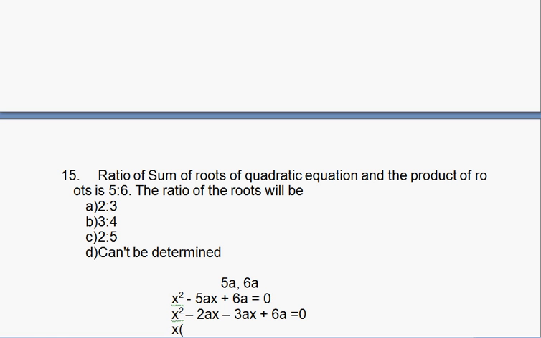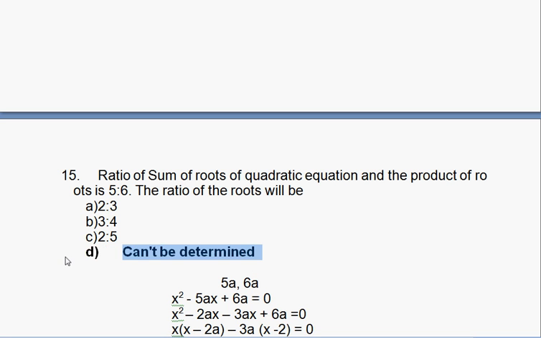So from first x, a is common, it becomes x minus 2a. From this 3a is common, it becomes x minus 2. Can we solve it further? We cannot, right?